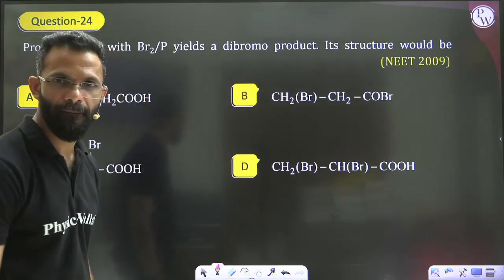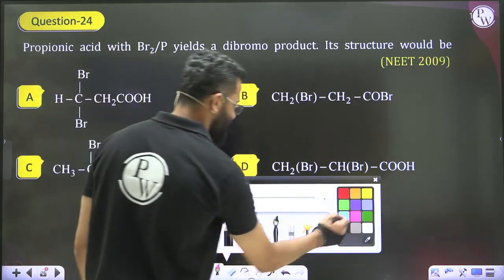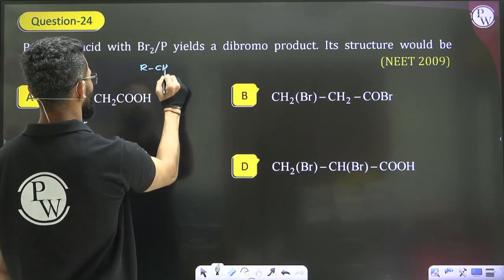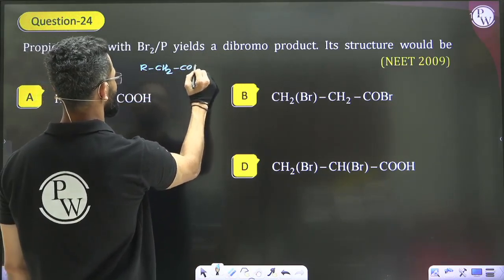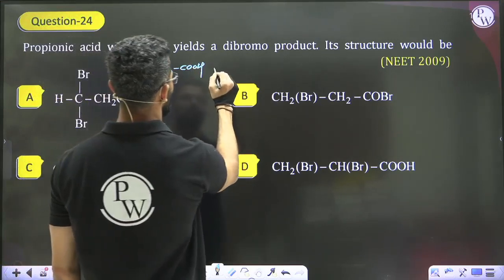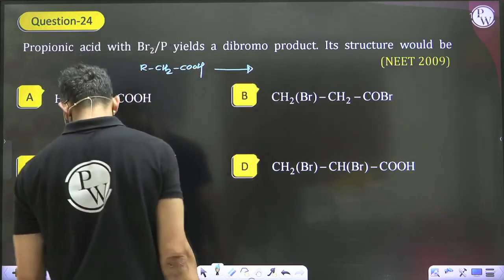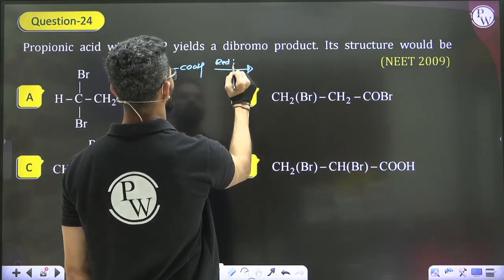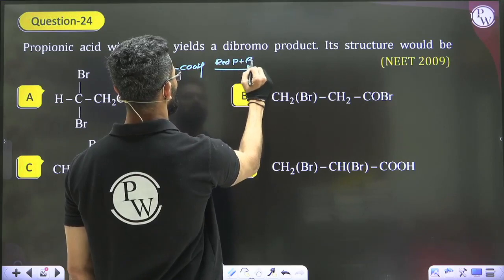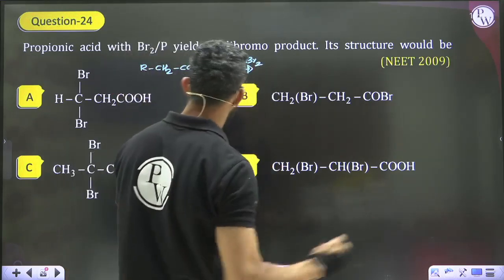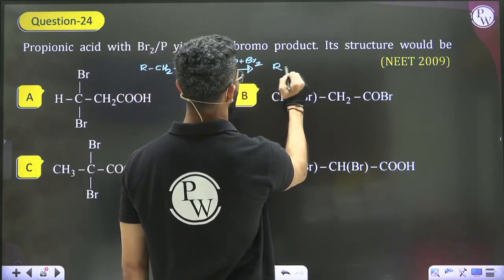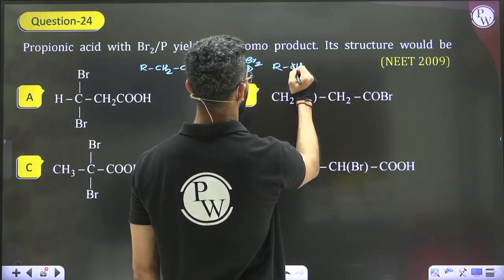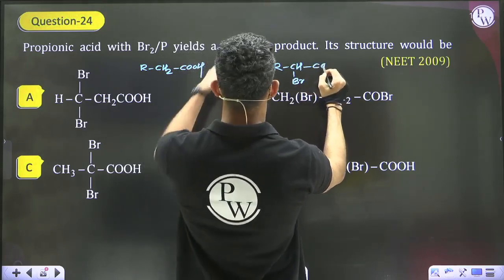The structure would be, well, I want you guys to recall this reaction. RCH2COOH. When we treat this with red phosphorus plus Br2 followed by hydrolysis, this results in the formation of substitution of one hydrogen atom at alpha carbon atom with the halogen which we have used here.